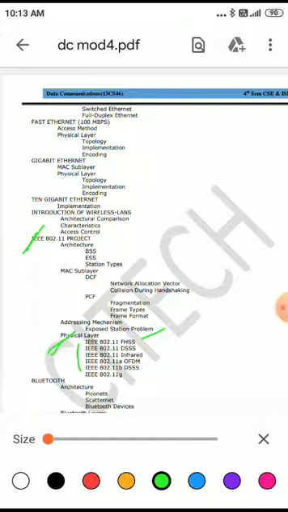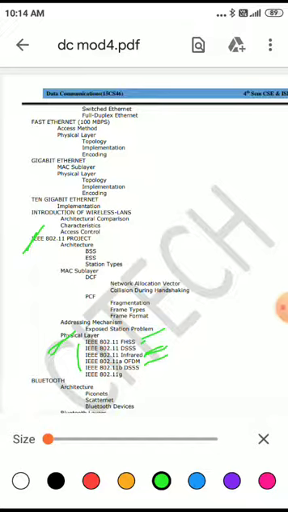IEEE 802.11 FHSS. What is FHSS? It means frequency hopping spread spectrum. Next, DSSS. What is meant by DSSS? Nothing but direct sequence spread spectrum. Next type is IEEE 802.11 infrared. Next one is IEEE 802.11a OFDM.